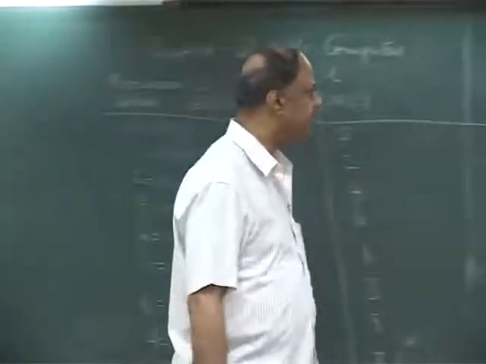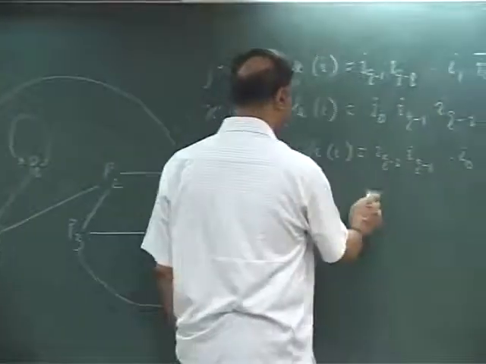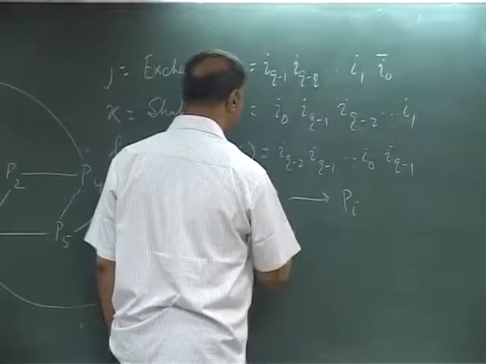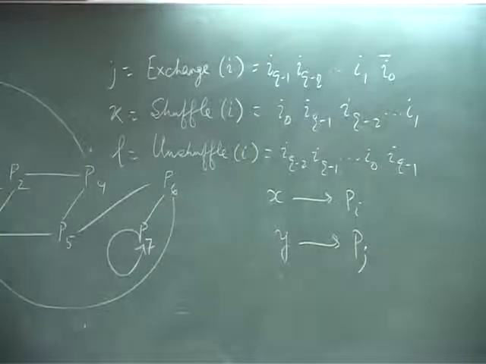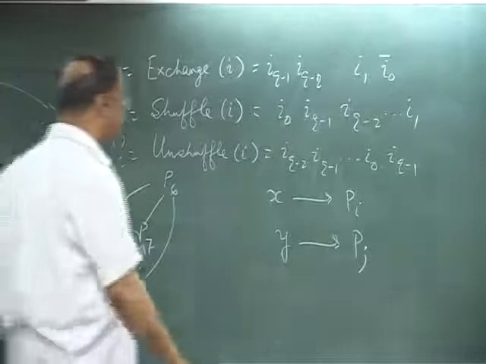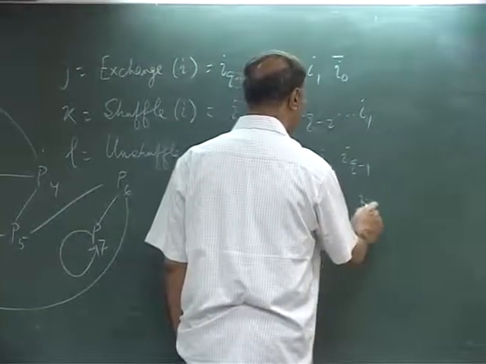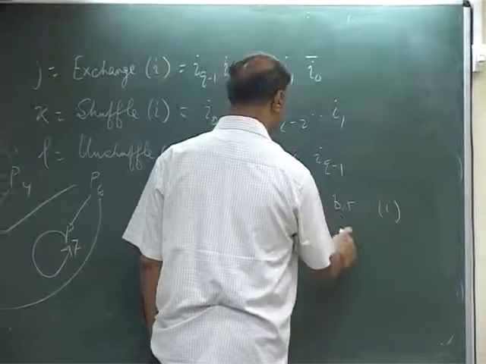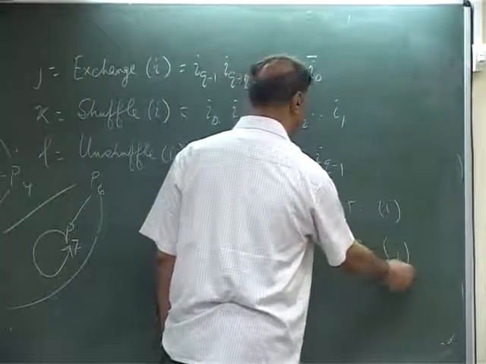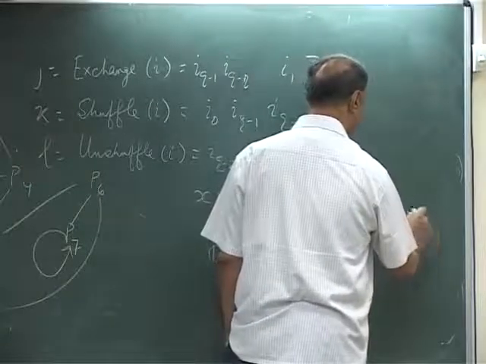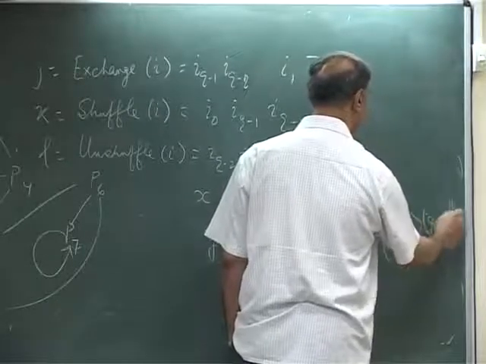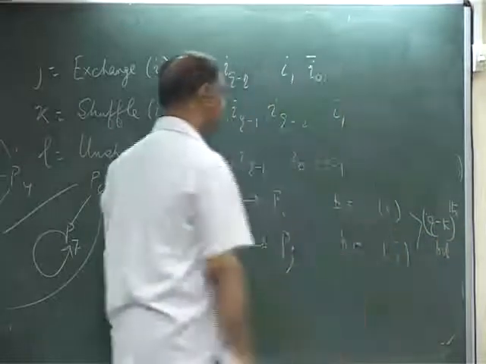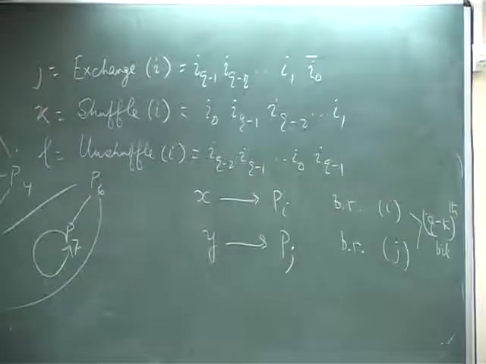The second property is that suppose data X is in Pi and data Y is in Pj, and the binary representations of I and J differ only in the q minus kth bit.